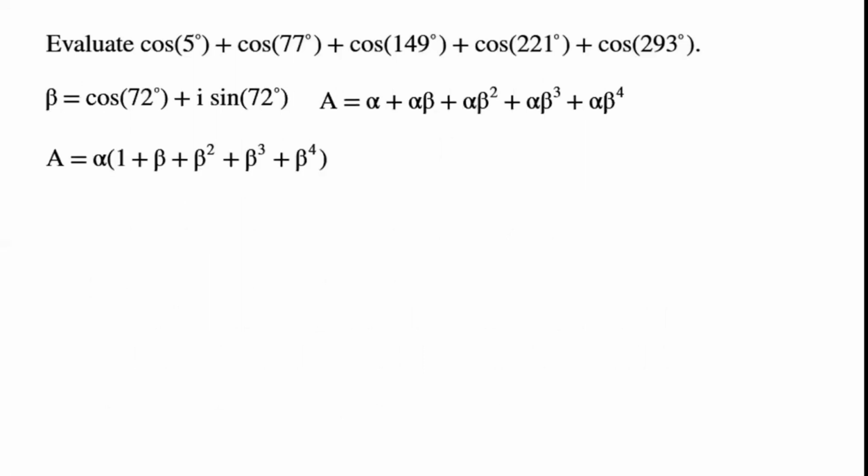A can be written as alpha times 1 plus beta squared plus beta cubed plus beta to the power of 4, which is equal to alpha times 1 minus beta to the power of 5 over 1 minus beta.